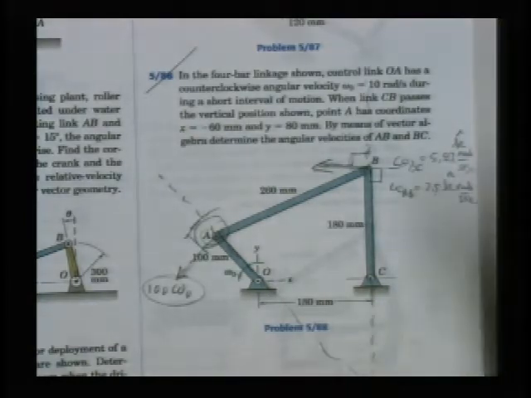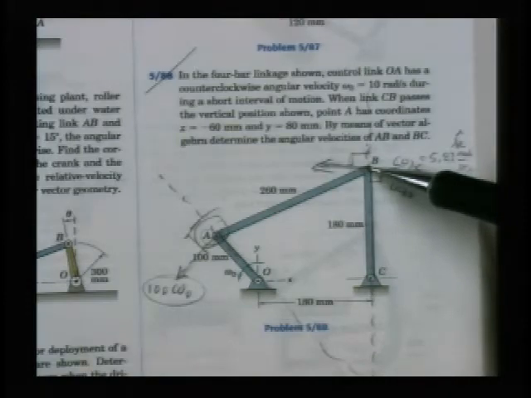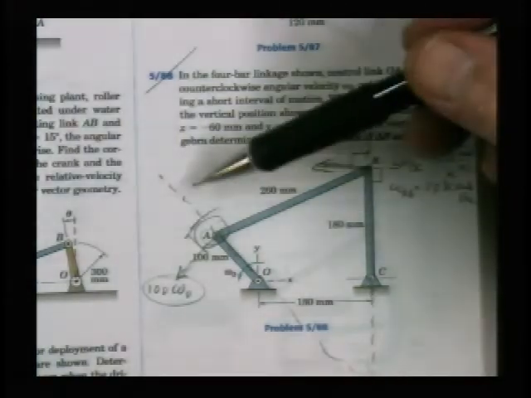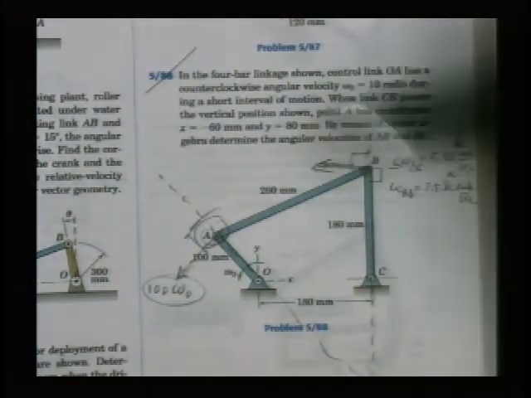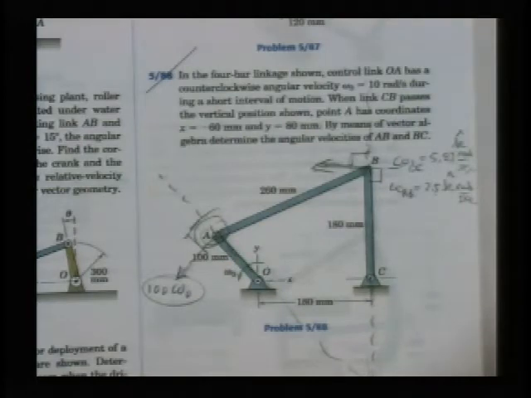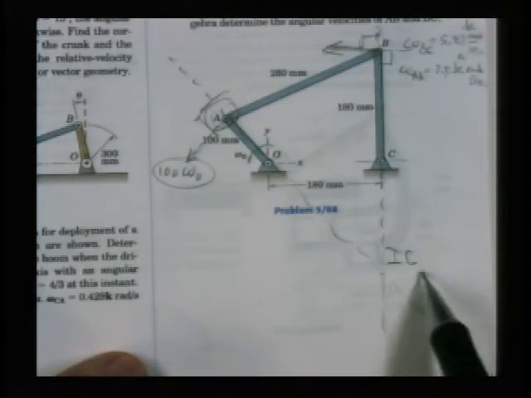And so the coincident point of a perpendicular to the velocity of this point, the coincident point with that line, and the line over here is where the instantaneous center exists. Now I'm going to push this up a little bit, and here's where the instantaneous center exists for member AB.